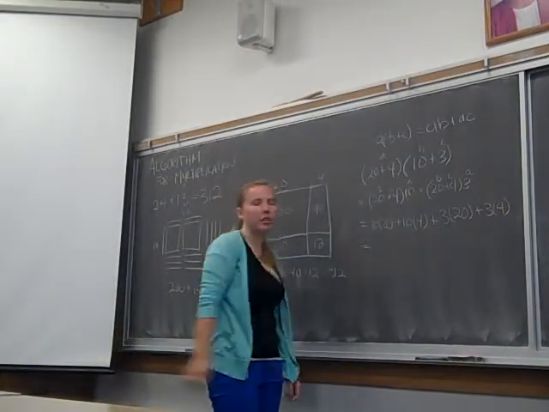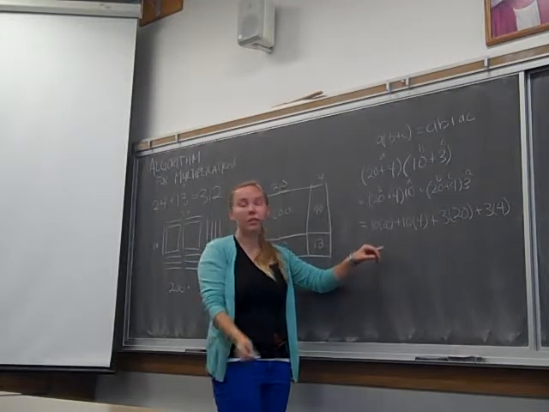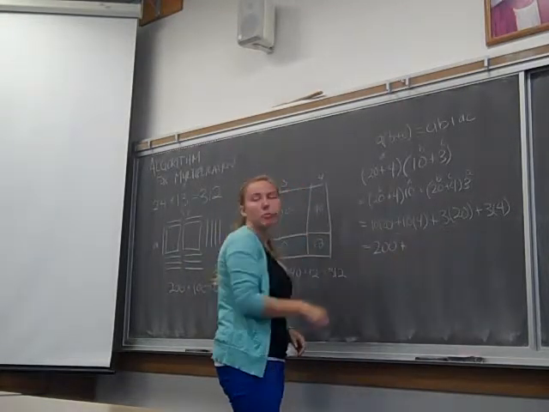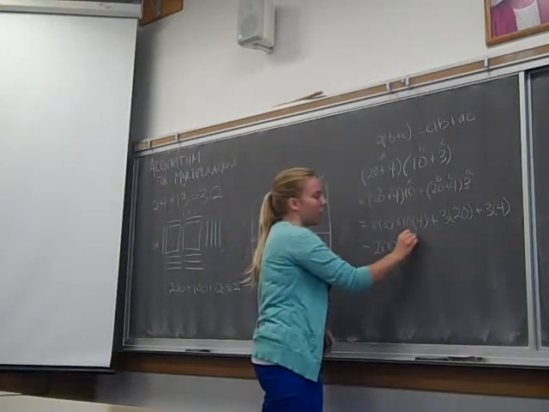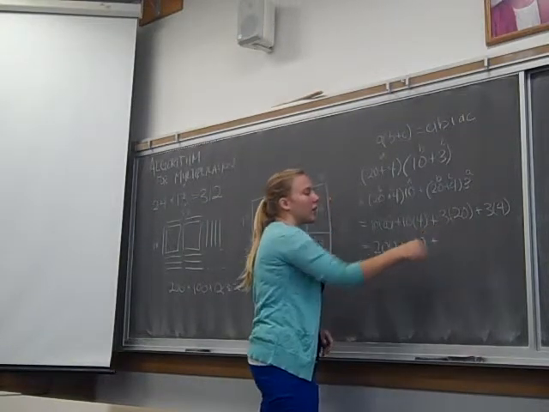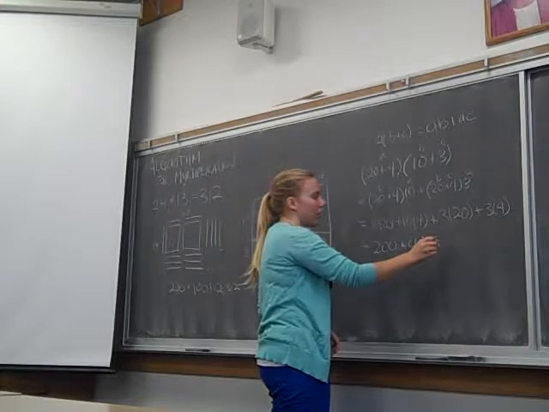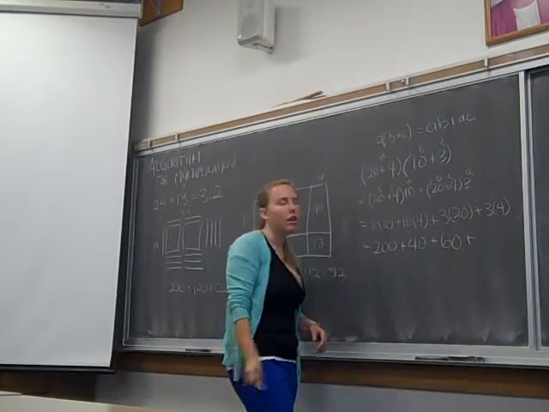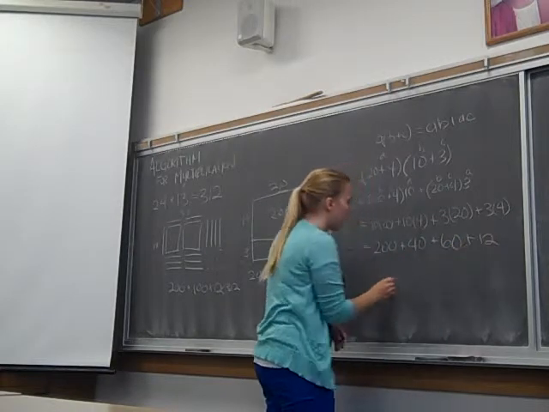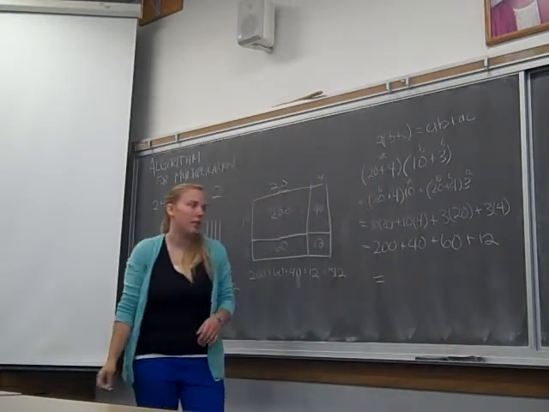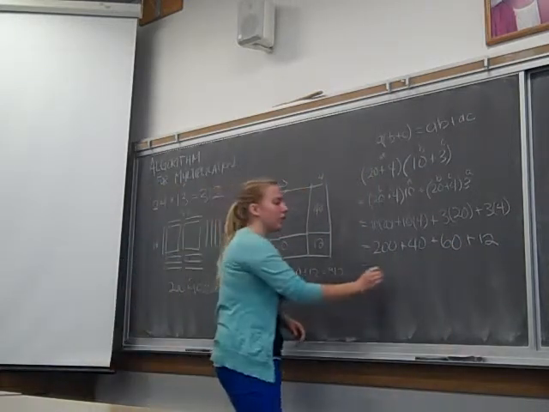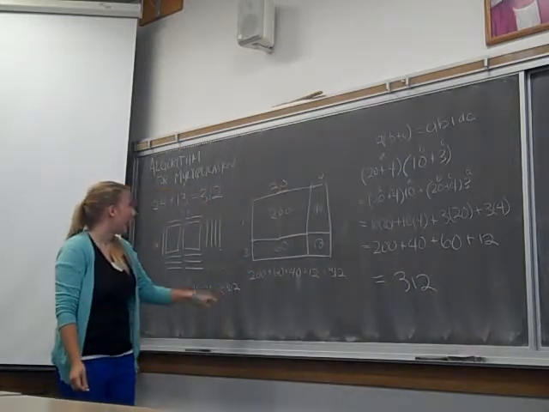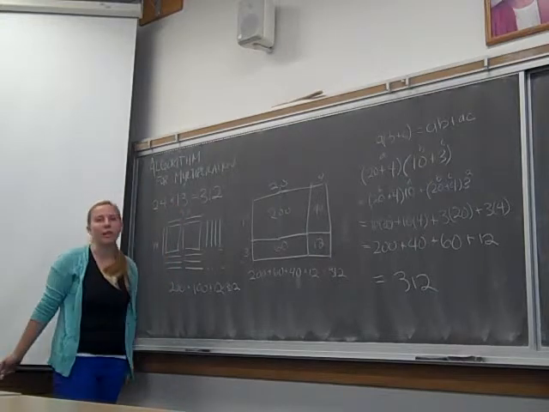So what do we get? 10 times 20 is 200. 10 times 4 is 40. 3 times 20 is 60. And 3 times 4 is 12. And so our final answer would be 312, which is the same answer we got here and here and there.